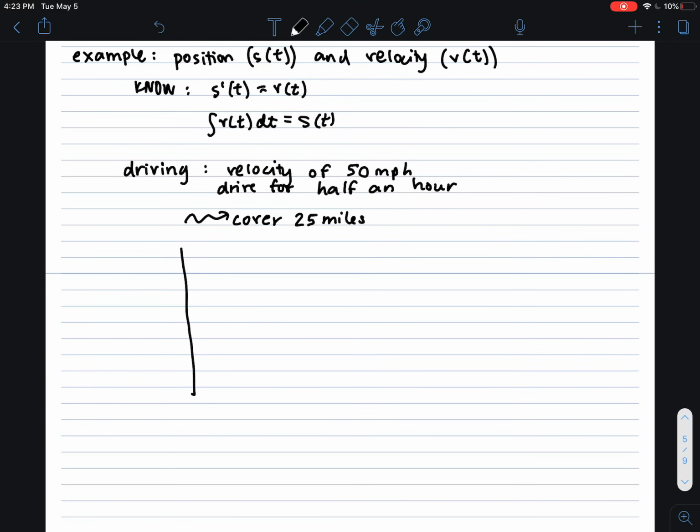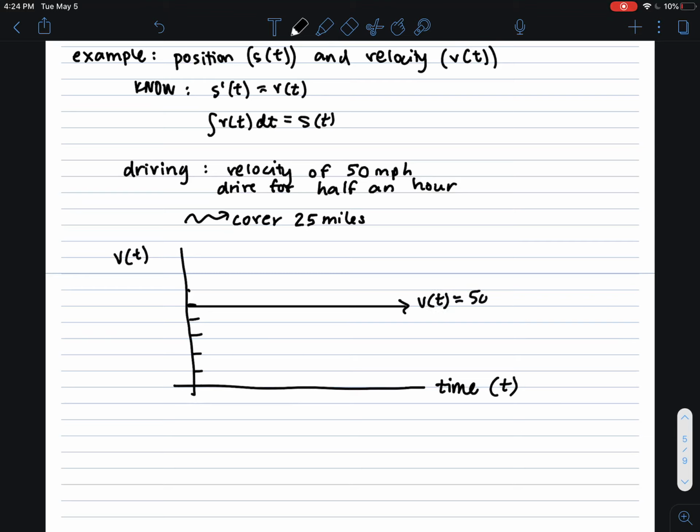So if I draw time and velocity, and I want it to be, here, hold on, 10, 20, 30, 40, 50. I want my velocity to be 50 miles per hour. That's what the graph looks like, and let's say this is half an hour, and this is 1 hour.